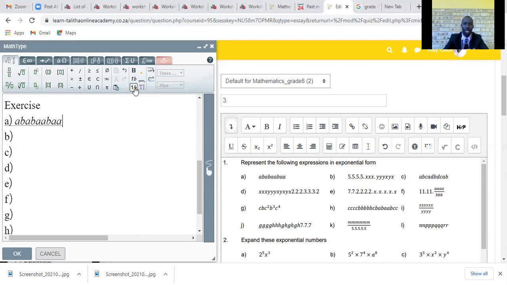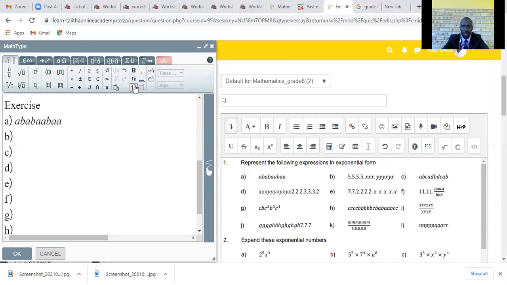What do we do with it? Well, we are supposed to represent the following expressions in exponential form. So how do we do that? Well, we will be getting to it right away. Let's then look at the second question.